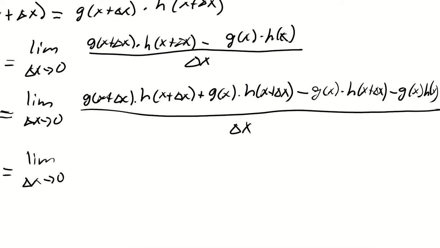And in calculus, this trick will be very, very useful, especially in integral calculus later on: adding 0, multiplying by 1, and so on. So here, I can factor out h of x plus delta x from this part.